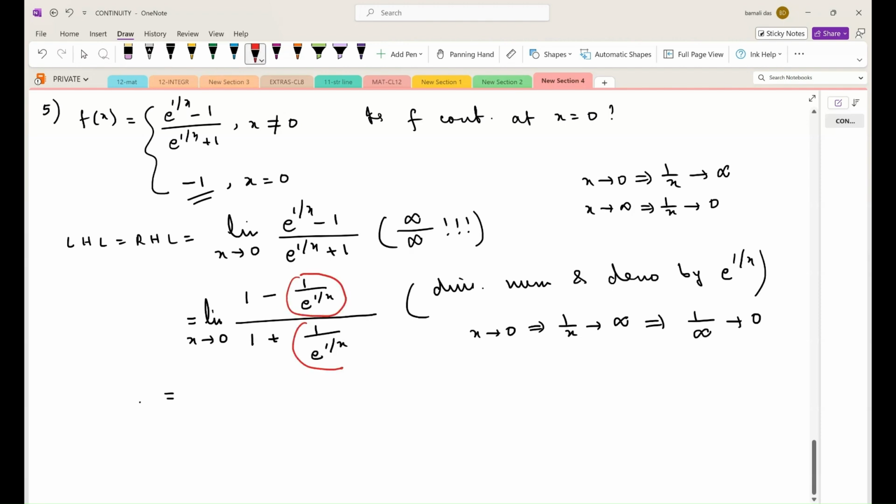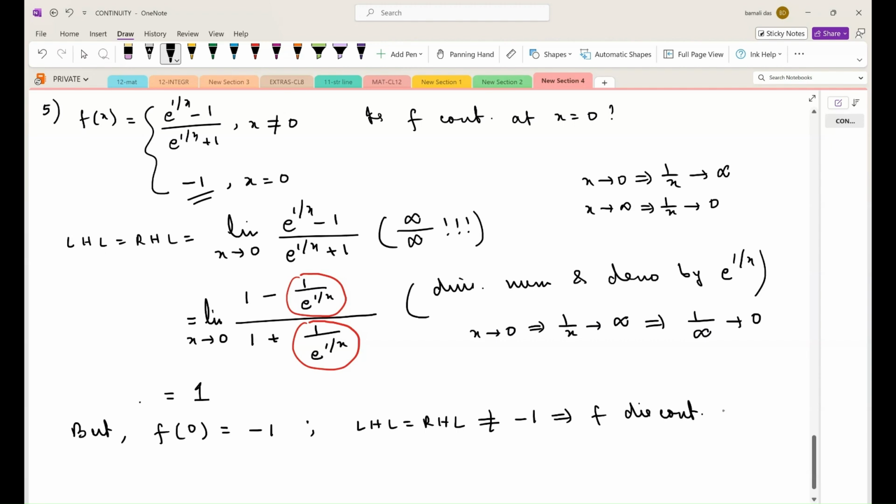This portion also tends to 0. So ultimately the value of the limit is 1. But the functional value f(0) is given to be minus 1. So here we see LHL equal to RHL not equal to the functional value, that is minus 1. So this means that f is discontinuous at x equal to 0.